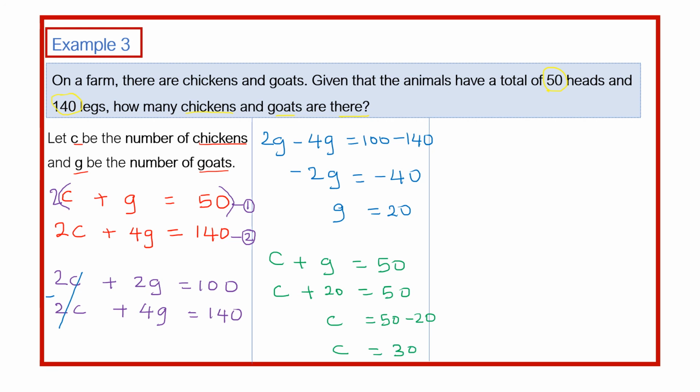So we can see that G is 20, C is 30, which means that there are 30 chickens and 20 goats. I hope you can see how systems of linear equations can be used in real life. Thank you.